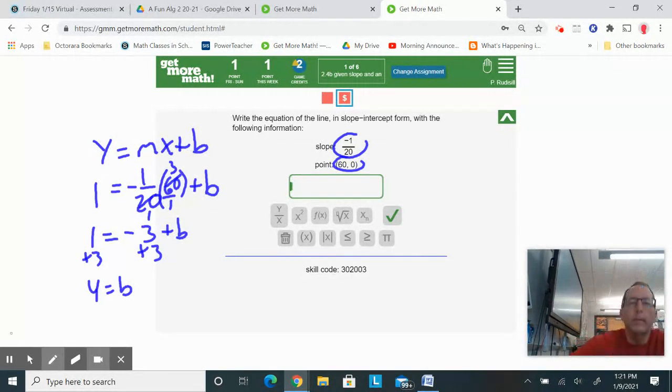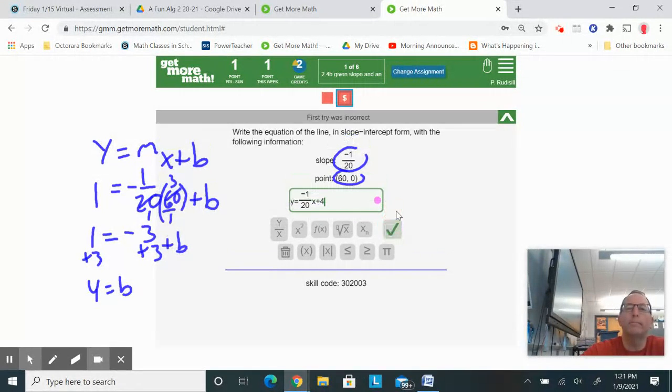So go in here, y equals, have my fraction, and it's going to be -1/20. So you could put the negative sign out in front like I did in the first example in the video, or put -1 in the numerator. Then I need an x, so I have y equals mx plus b, and b is 4 this time.